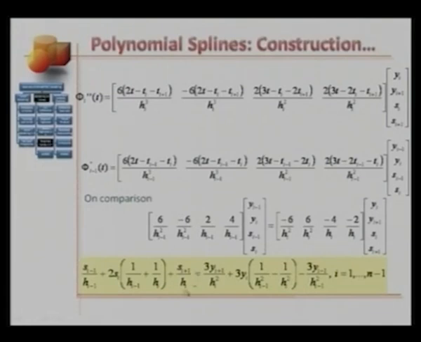What is known to us are the values at each junction point, yi minus 1, yi, yi plus 1, and so on, and also the knots at each junction point, that is ti minus 1, ti, ti plus 1, and so on.